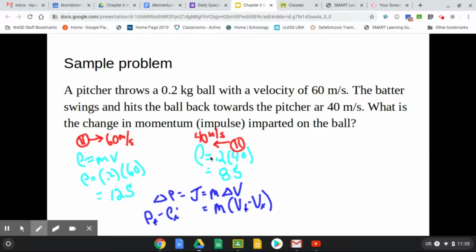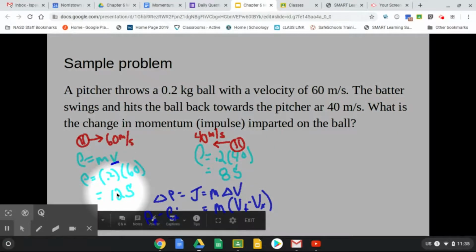What type of quantity is velocity? That's right. It's a vector quantity, which means momentum is also a vector quantity. So this ball going in this direction has 12 spheres of momentum, because it's going in this direction.